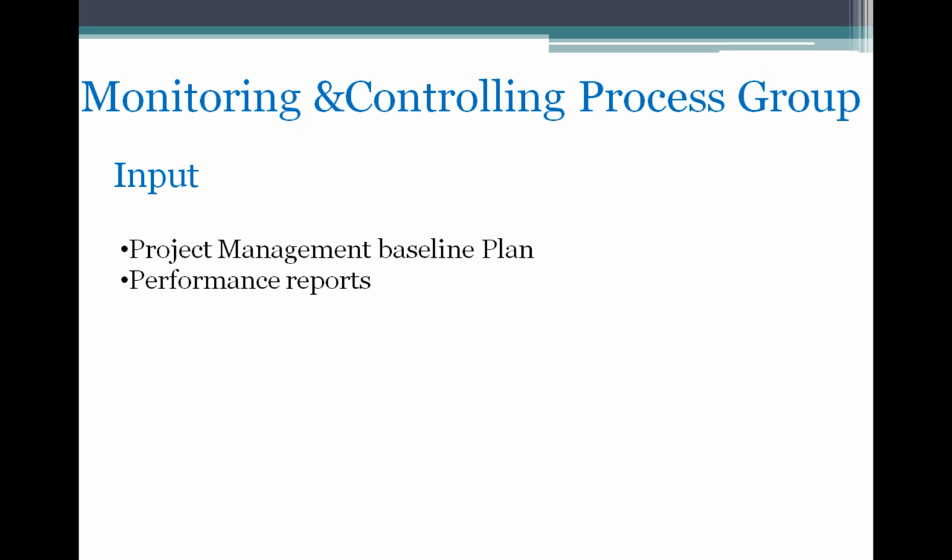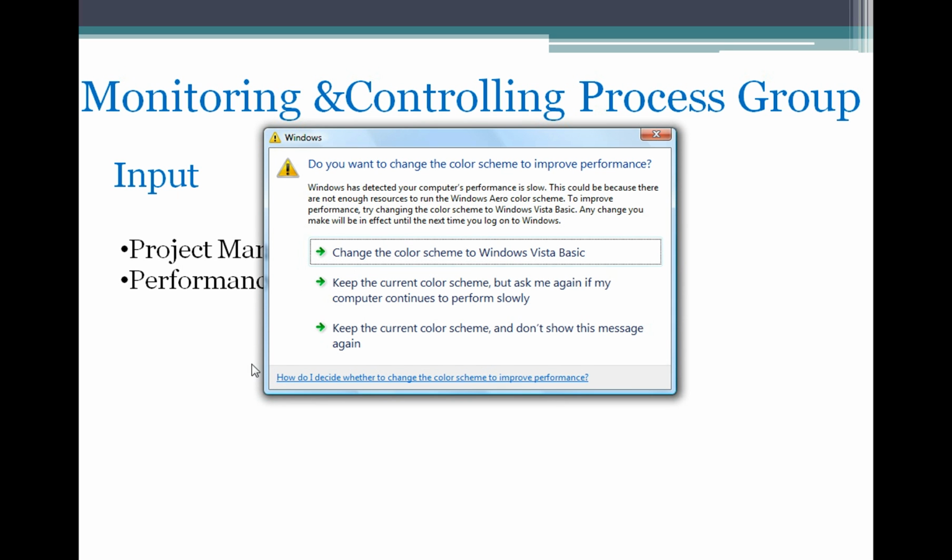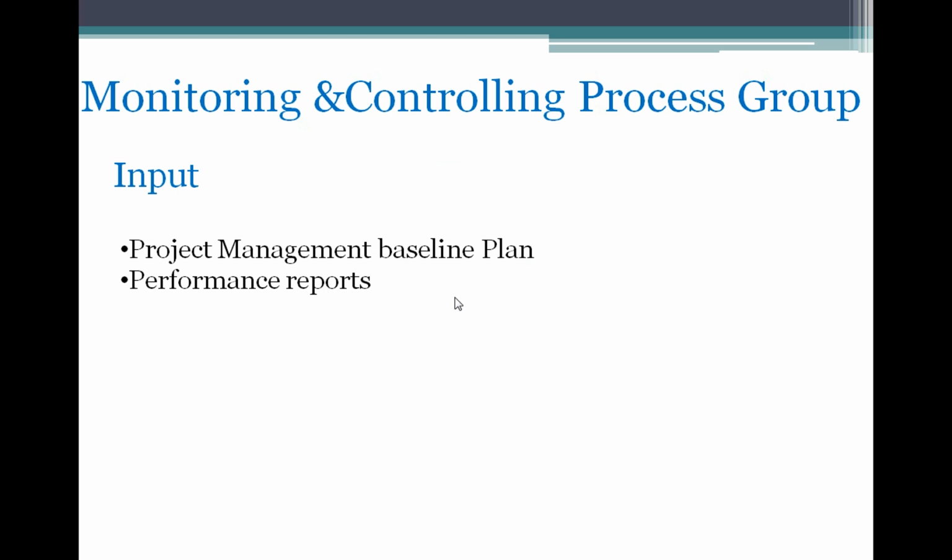So the input to the monitoring and controlling process group is the project management baseline plan and performance reports. The performance reports have actual cost, actual schedule and actual scope.